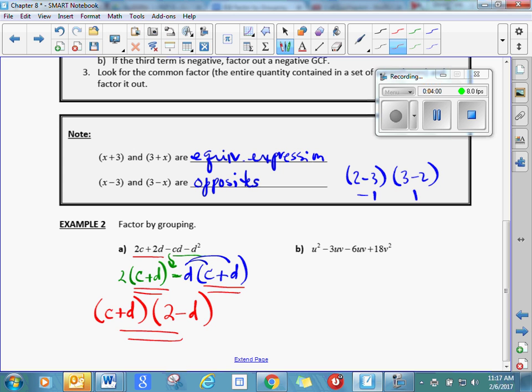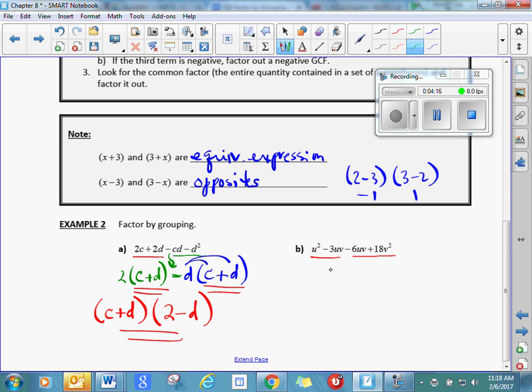So this is our answer. Basically we're using what we learned in the first couple of problems at the top of the page, but we're doing one extra step. We're factoring by grouping the first two and the last two sets of terms together.